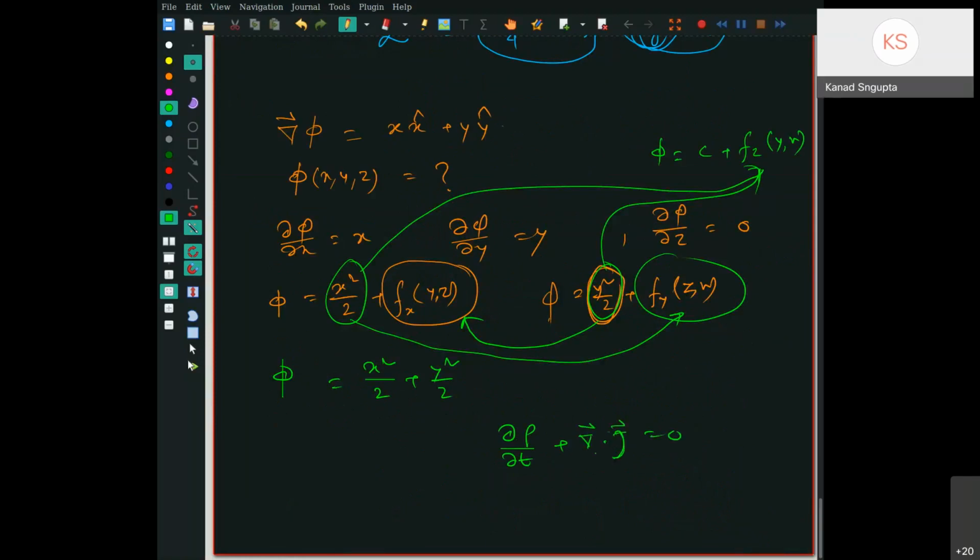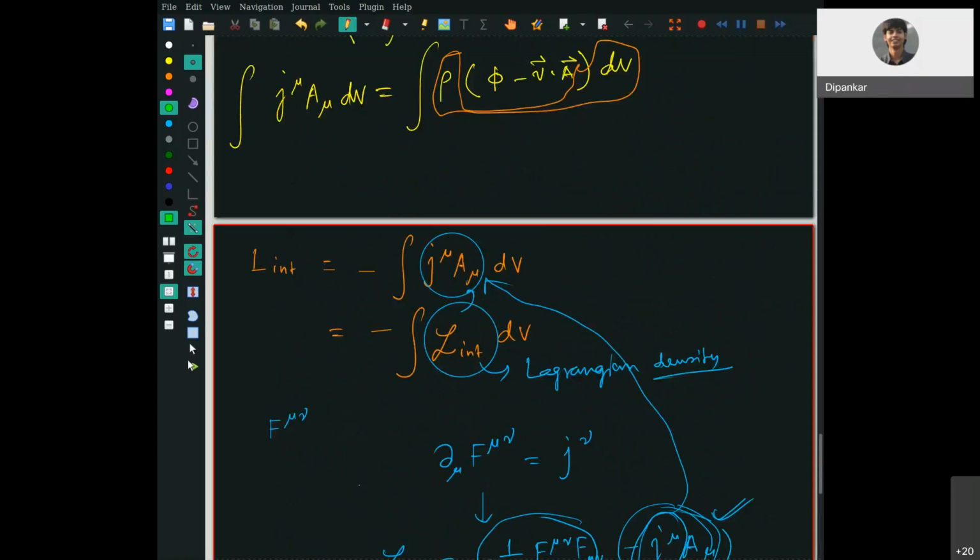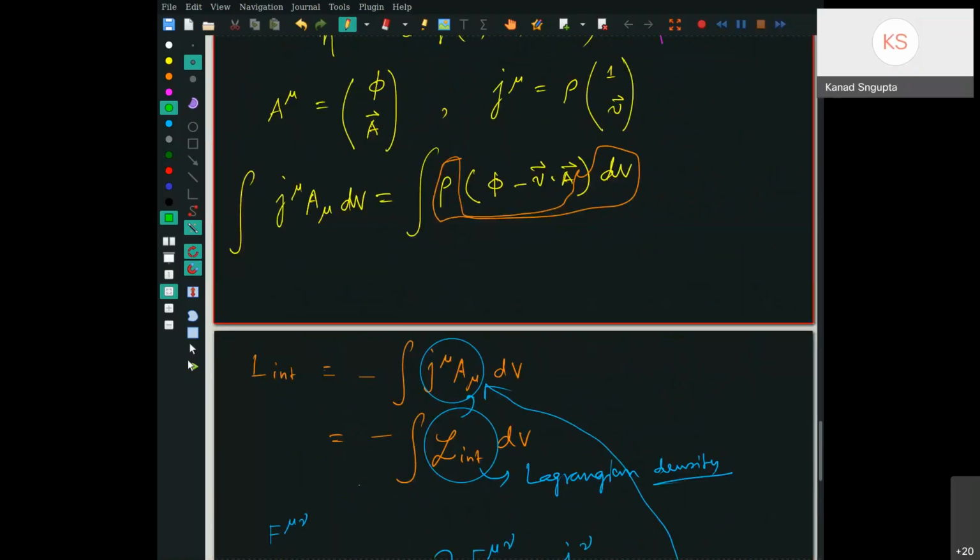So from this, how do you get your conservation of charge? What is the next step? Integrate, considering the fact that J at boundaries is 0. Exactly. So these J's are localized charge distributions. So these are localized currents.